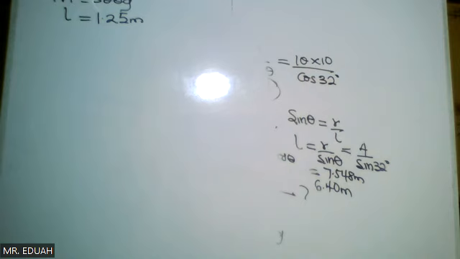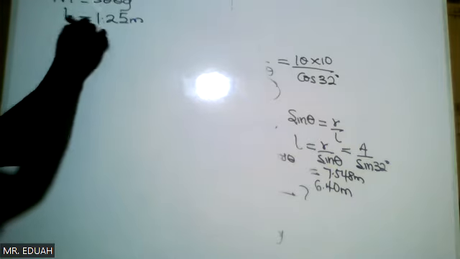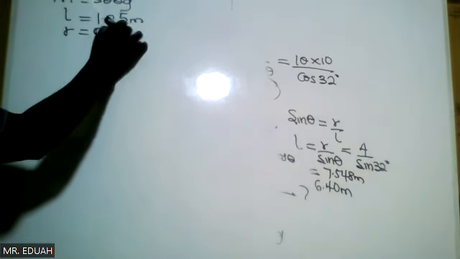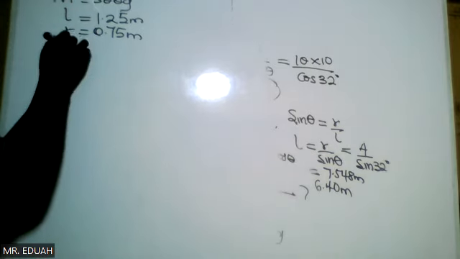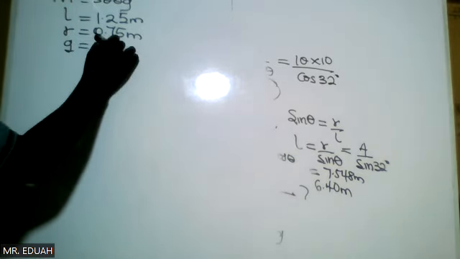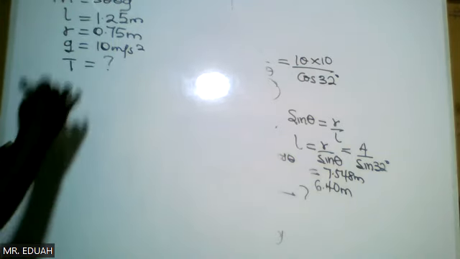To form a conical pendulum, the sphere moves in a circular horizontal path of radius 0.75, so the radius is 0.75 meter. Find the tension in the string. G is equal to 10 meter per second squared. So we are looking for T.